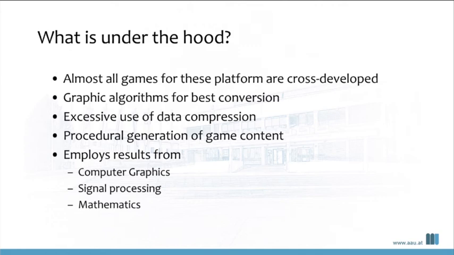And there are modern graphic algorithms used for the best conversion of a graphical image to the low resolution, restricted computer system. There is an excessive use of data compression because 64 kilobytes was a lot of memory back then, but today we really need to get out of this memory what is possible.